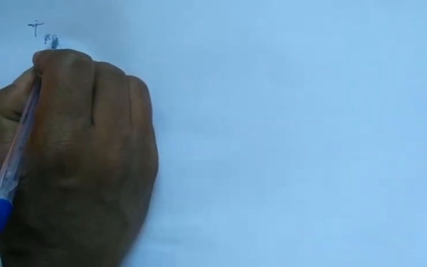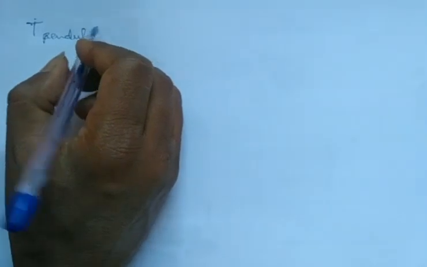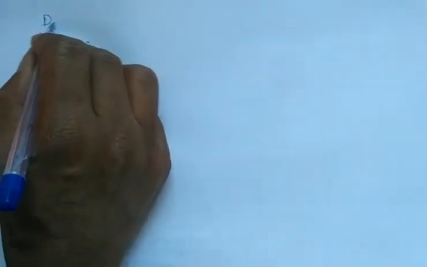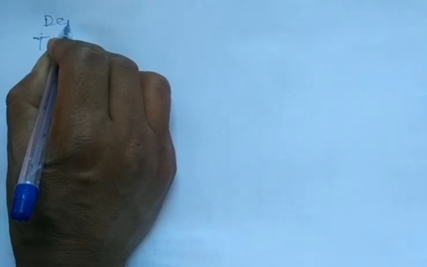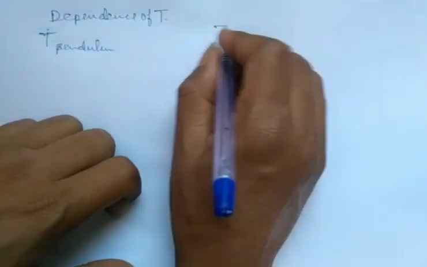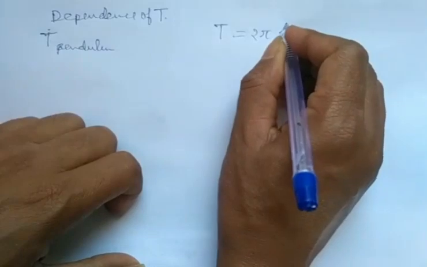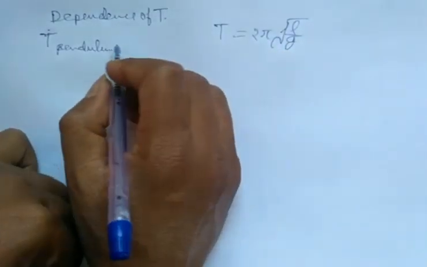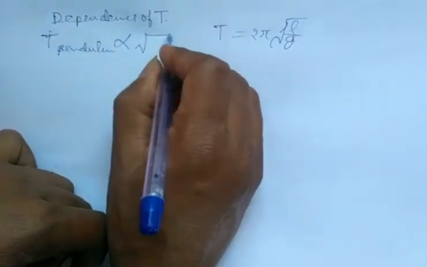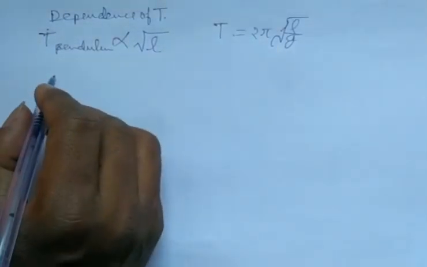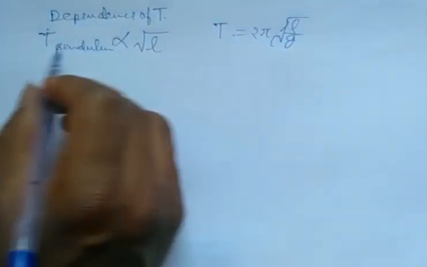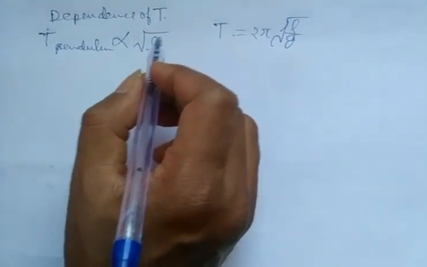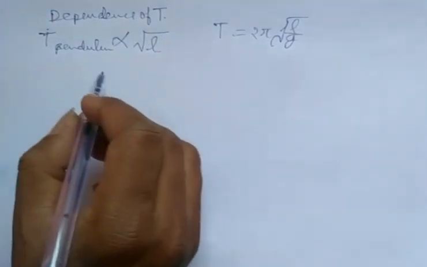A few more things, like the dependence of the time period of a pendulum. As I told you, its formula is T equal to 2 pi root L by G. So you can say the time period is directly proportional to root L. It means if we increase L, T will also increase, but that doesn't mean that it increases equally. It is in the root form, so it slowly increases.